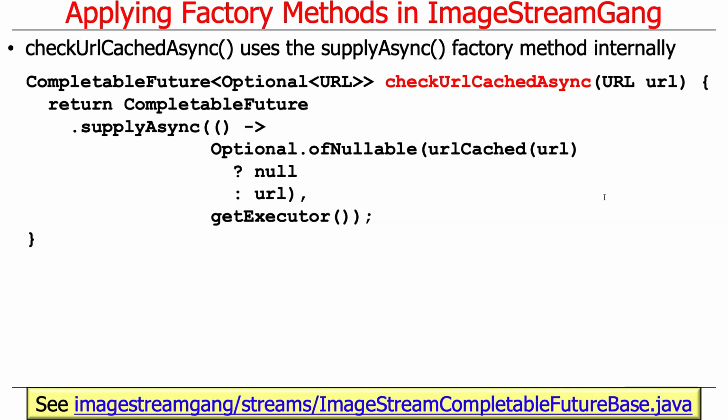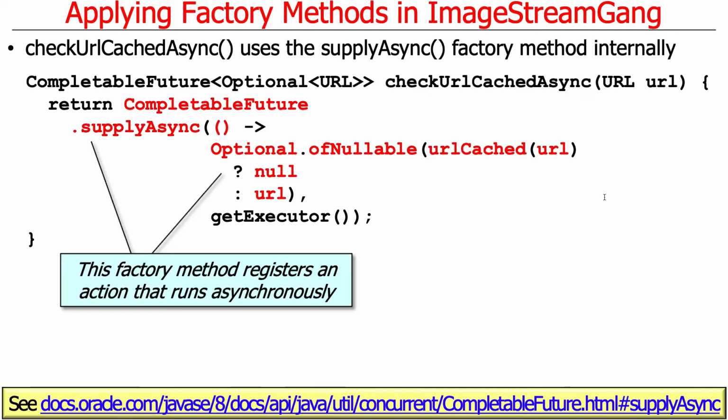So here is the code for checkUrlCachedAsync, and this is a really interesting helper method. You can see it takes a URL, and it's going to go ahead and use the factory method of completable future to kick off the whole processing chain asynchronously.